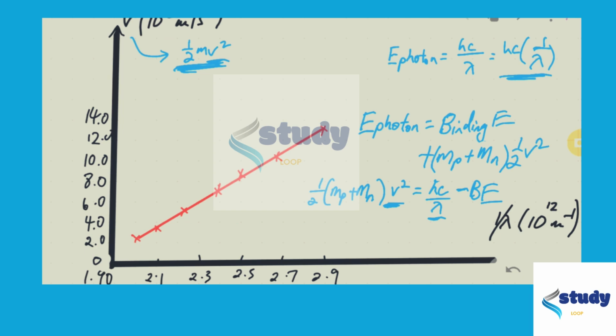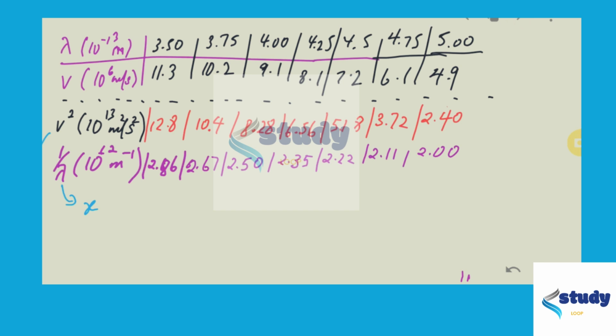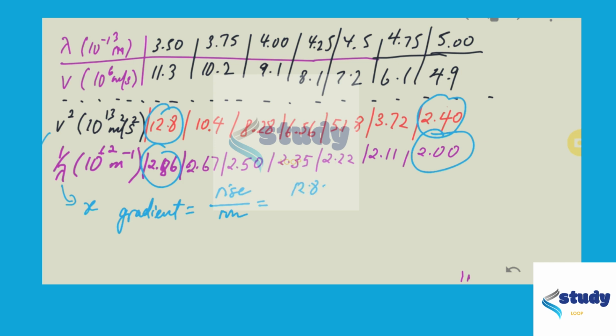We can take the extreme values, which is this point over here and this point over here, these values. So we get, now remember the y-axis is the v squared, so that's the rise over the run.